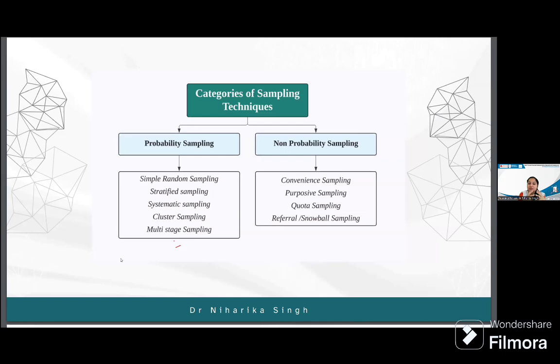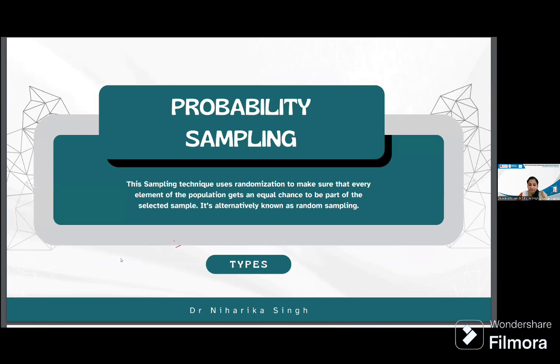Those are the kinds of examples we have for random sampling, which is based on randomization, that is, probability sampling. Let us understand simple random sampling. This uses randomization to make sure that every element of the population gets an equal chance to be part of the selected sample. It is alternatively known as random sampling, like I said.